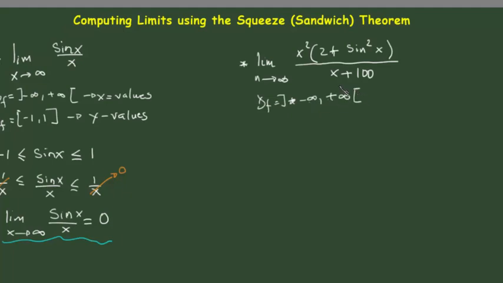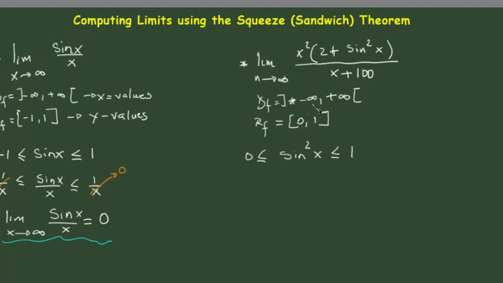But the range of sine to the power 2 remains positive, because no matter what value you give x in this case, sine to the power 2 is going to be squared and positive. So we have the range from 0 to 1. And this is what we're going to use to find the limit of this function right here. So we would say that 0 is less than the sine to the power 2 of x less than 1.